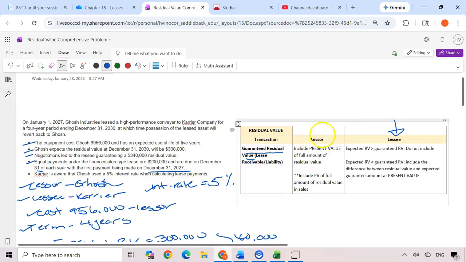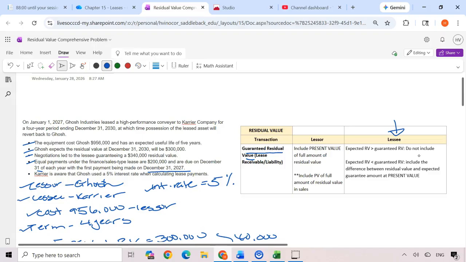And that makes sense because if the expected residual value is higher than what we can guarantee, then the lessor, when they get that asset back, can go out and sell it and get that expected residual value back. So we don't do anything. We're not going to owe anything additional if that's the case.